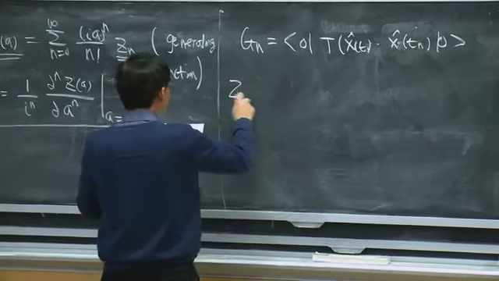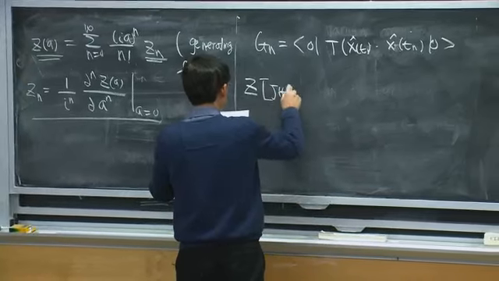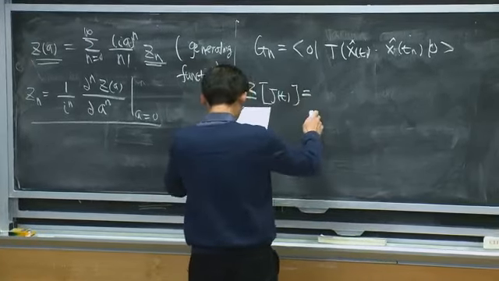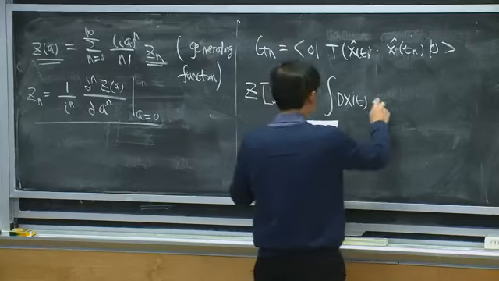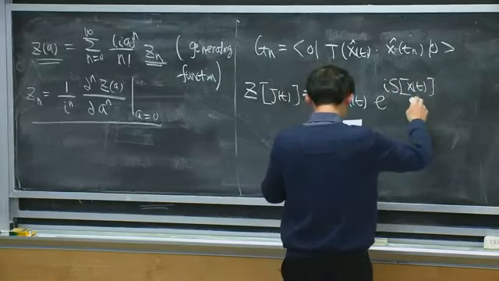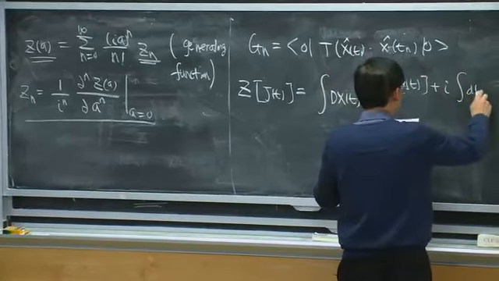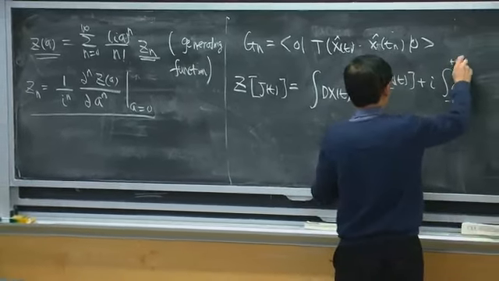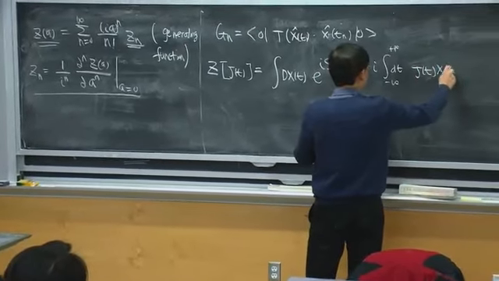We can consider Z[J(t)], this object: the integral Dx(t) of exponential of i S[x(t)], and now add i times the integral from minus infinity to plus infinity of dt J(t) x(t).